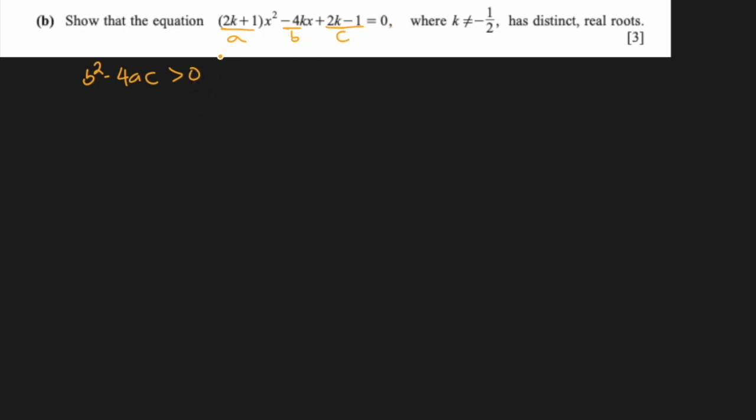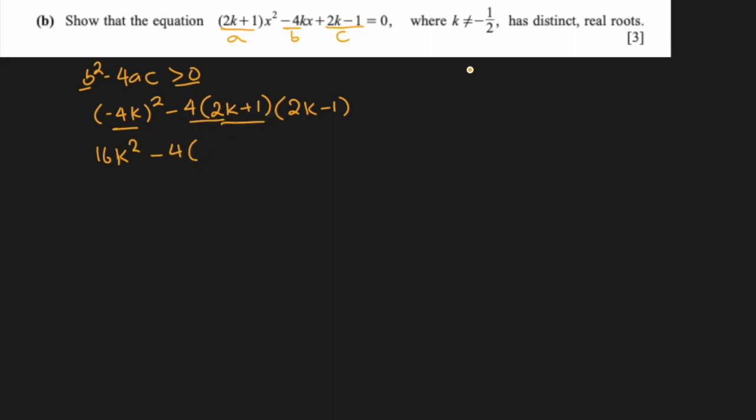So let's do this by substituting. Minus 4k is b, right? Square, minus 4 times a, 2k plus 1, times c, 2k minus 1. Okay, and we have to show the answer will be positive. So this square is 16k square minus 4, let's leave it like this.